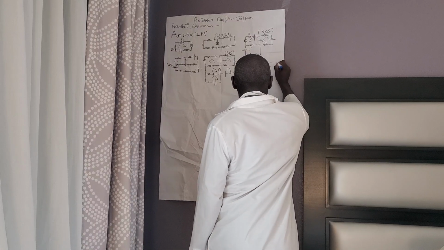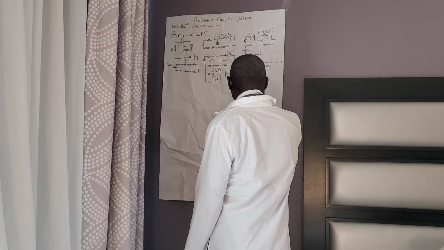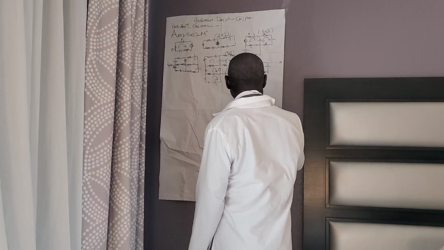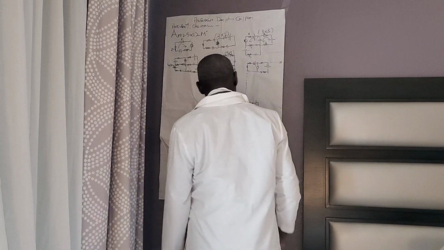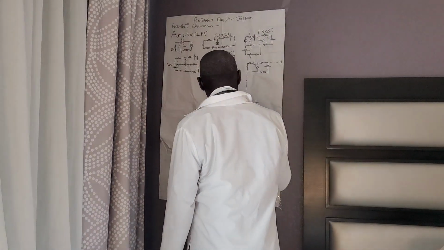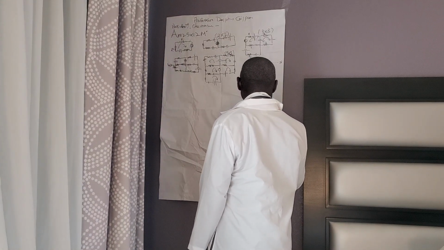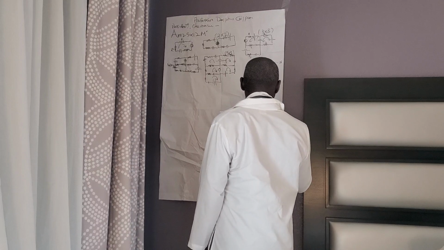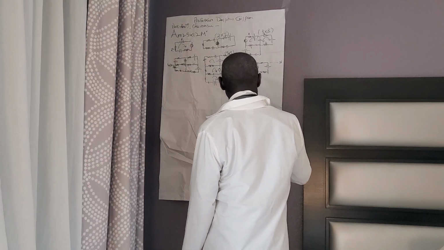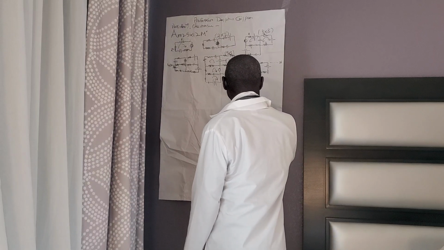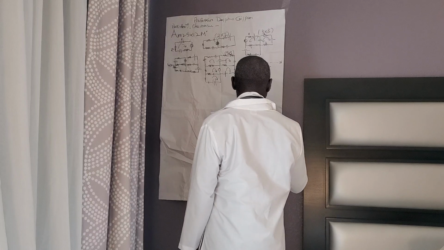To the n, and here to the n. And so we call this n multiplied by n, where n represents 1, 2, 3, to n, or n by n.